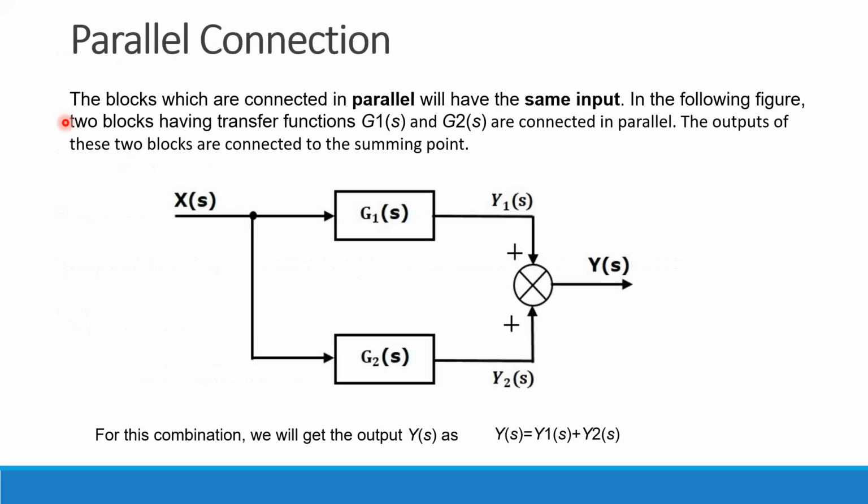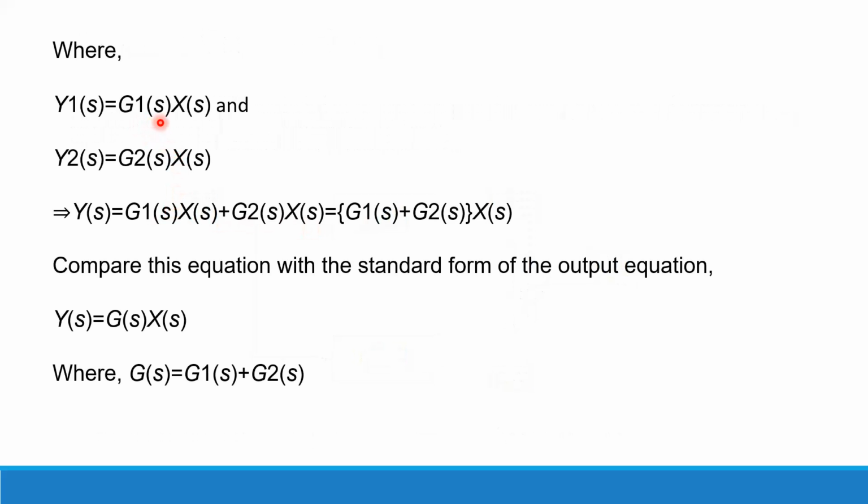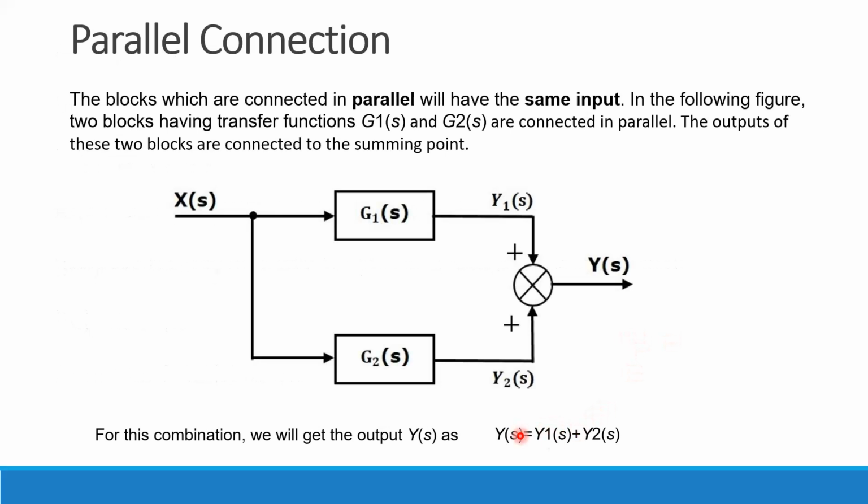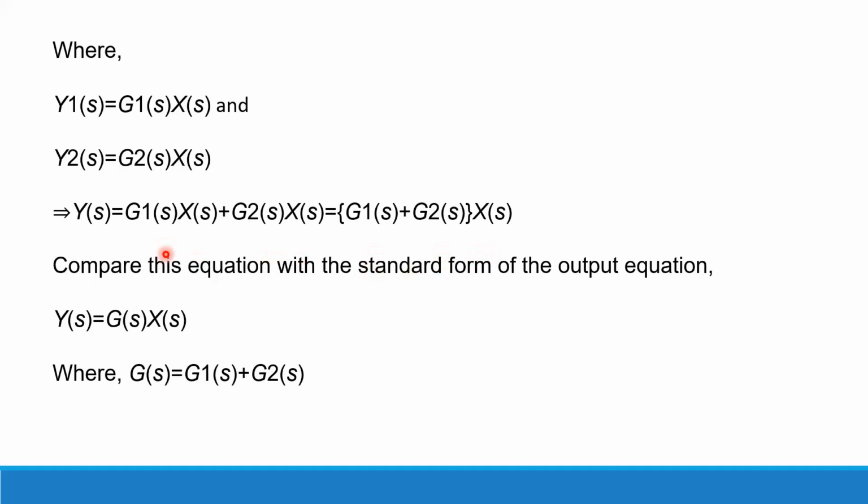So Y1 of S is equal to G1 of S into X of S. Similarly, Y2 of S is G2 of S into X of S, and if you put this in equation number 1, you will get this form of equation, that is Y of S is equal to G1 of S X of S plus G2 of S X of S. If you take X of S common from here, you will get G1 plus G2 of S into X of S. Now compare this equation with the standard output.